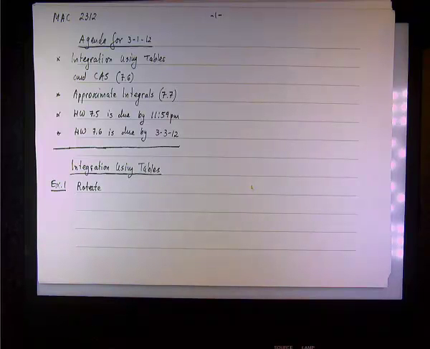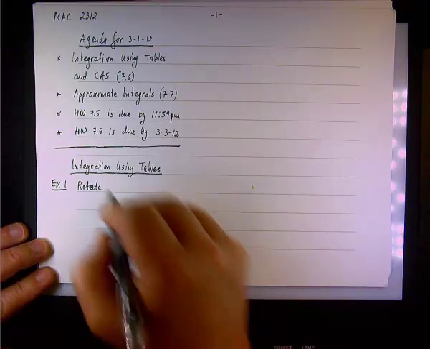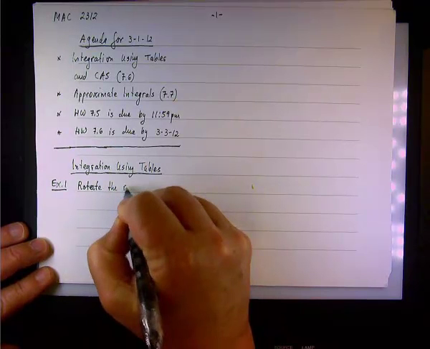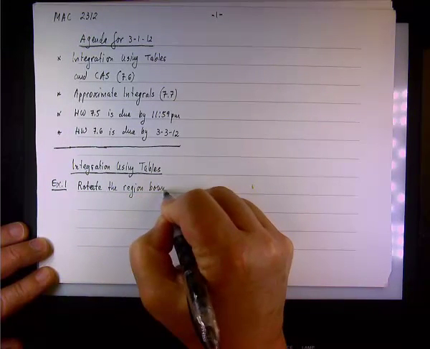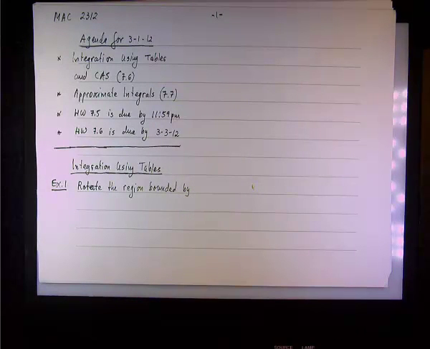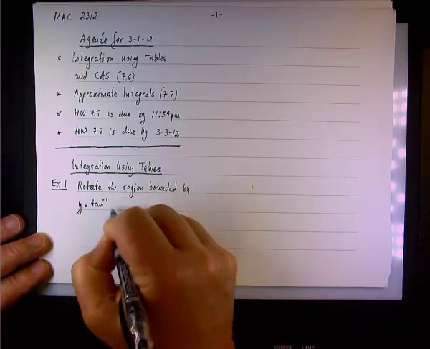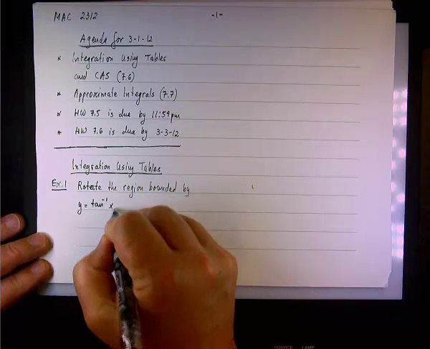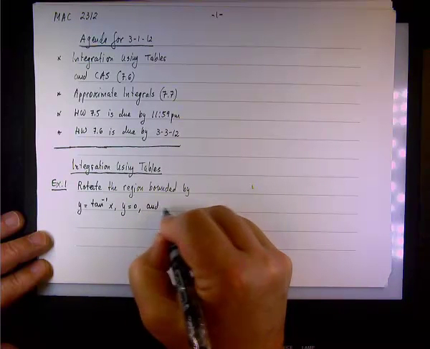Here comes example number 1. In this example, we go back to volume of solid of revolution. We need to rotate the region bounded by the following. We have y equals inverse tangent of x, y equals 0, and x equals 1.